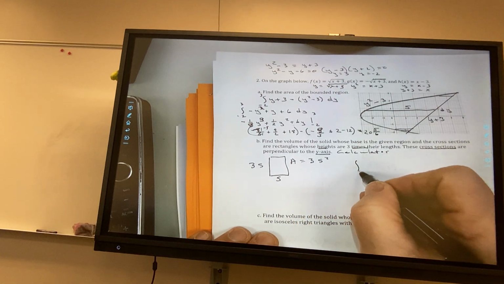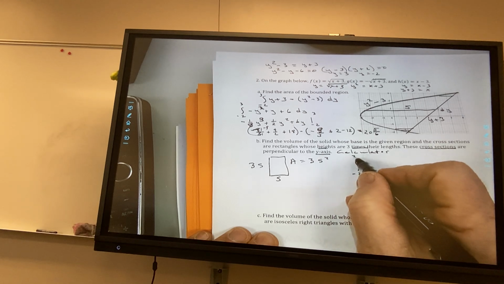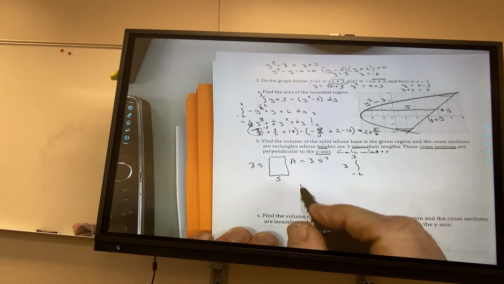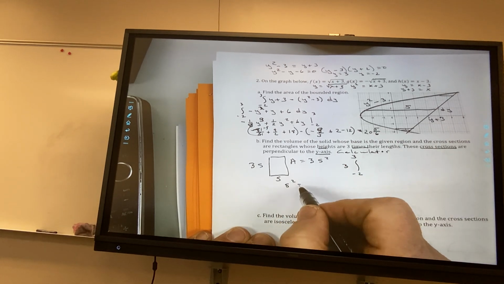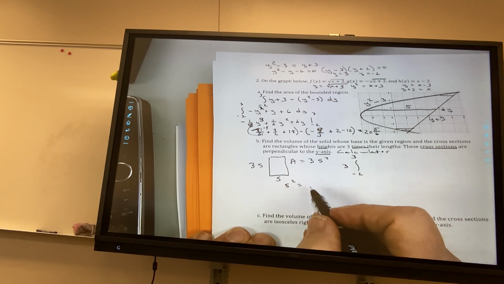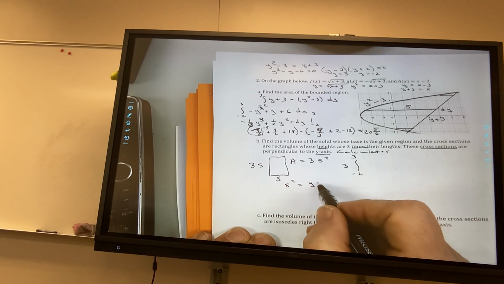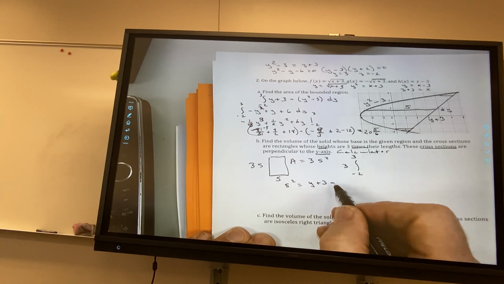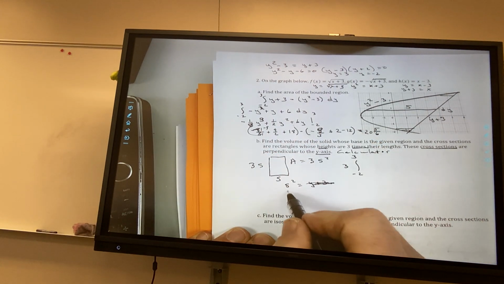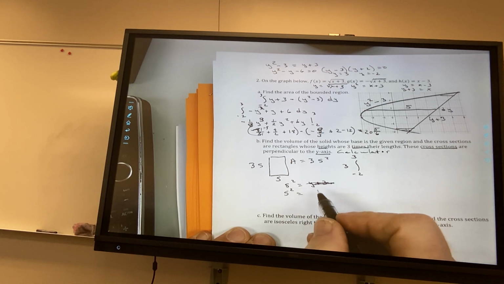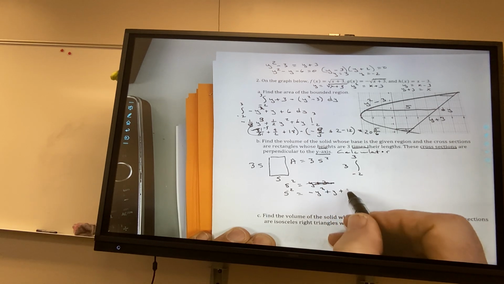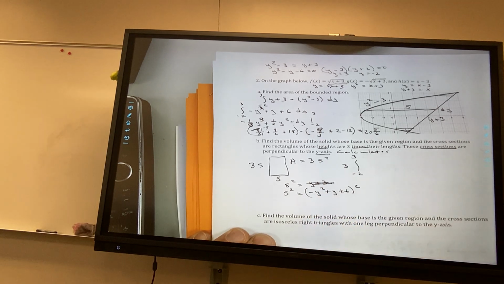So I integrated from, again, negative 2 to 3. I put the 3 out here. And s squared is going to be y plus 3, what did I end up simplifying it to? S squared is going to be negative y squared plus y plus 6, that's squared.